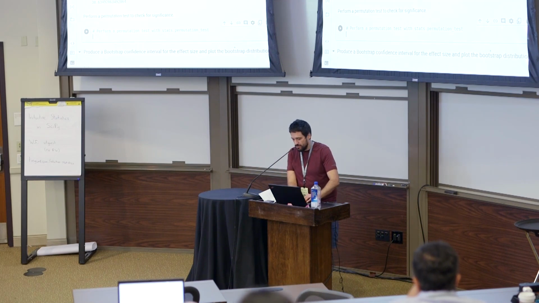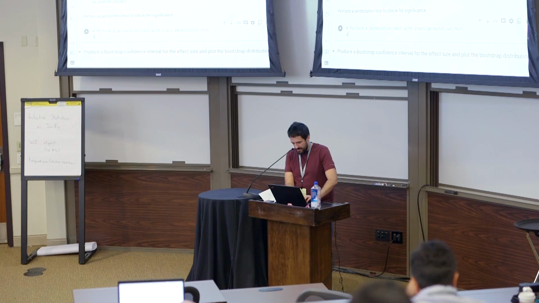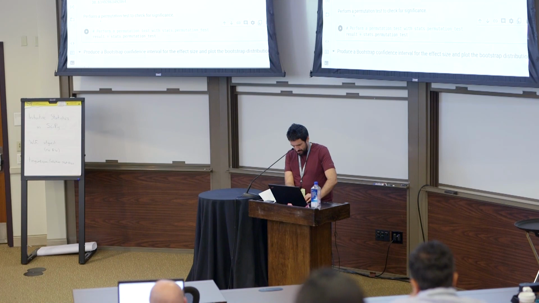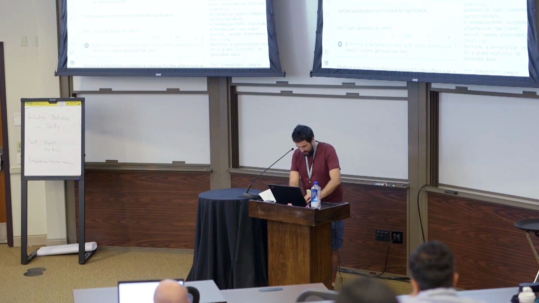But in the interest of time, we can do this permutation test together and then get onto the bootstrap. I'm going to want to look at this documentation again because I do not have this memorized.